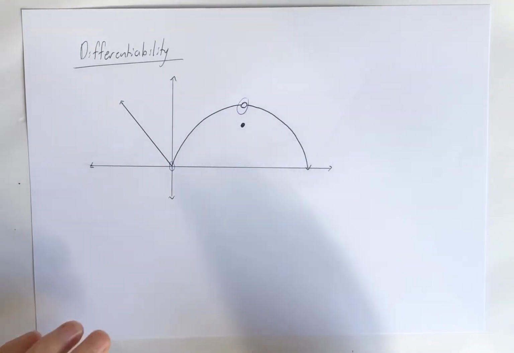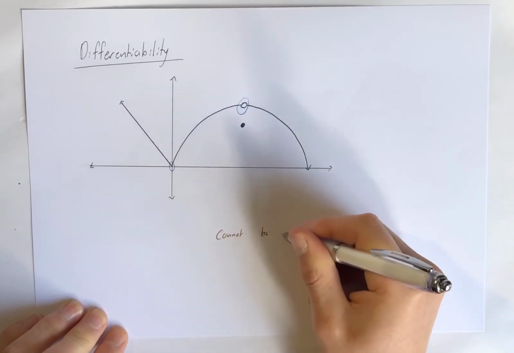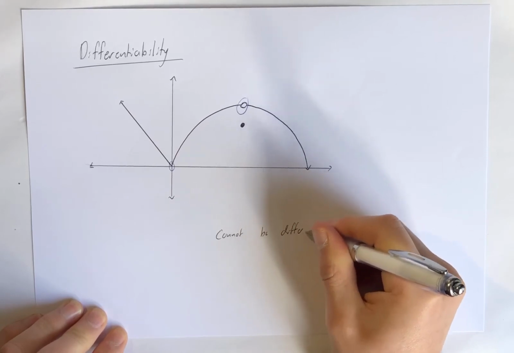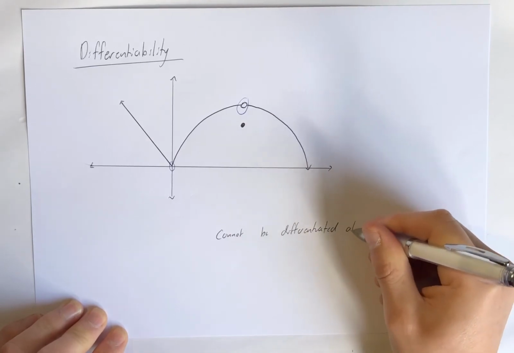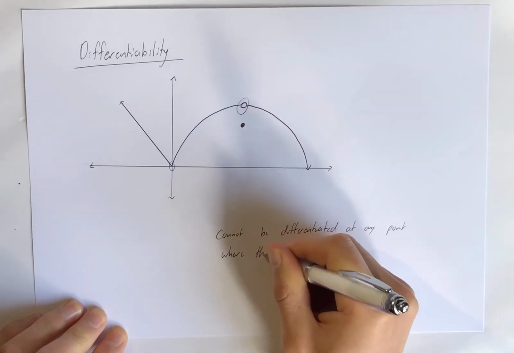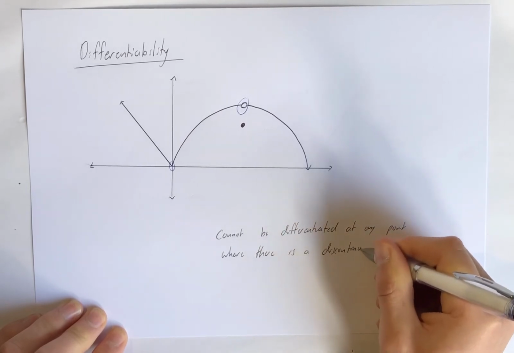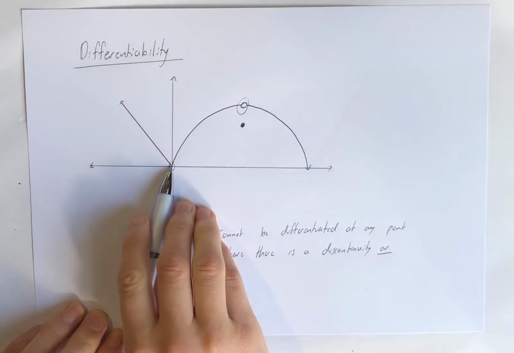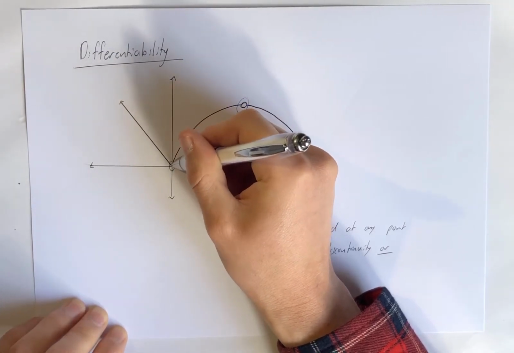So differentiability: it cannot be differentiated at any point where there is a discontinuity, or you cannot get the gradient at that point because the gradient on this side's positive and the gradient on this side's negative, so it's undefined, isn't it?